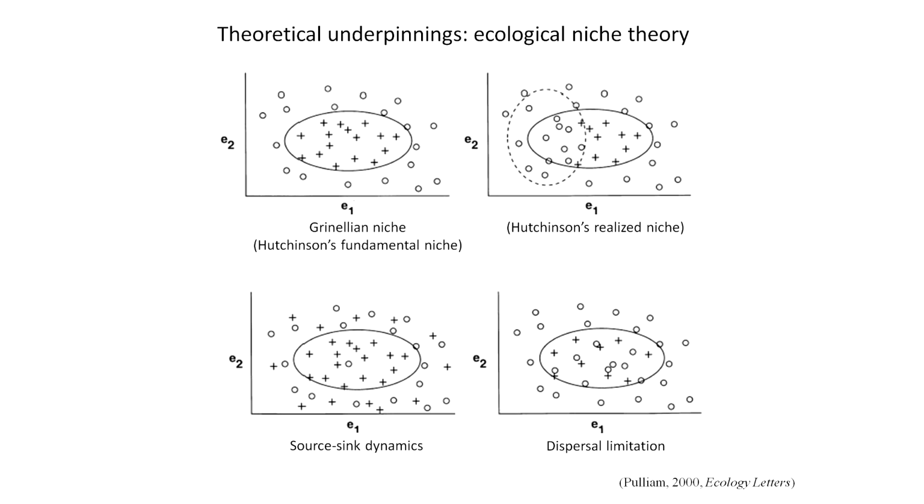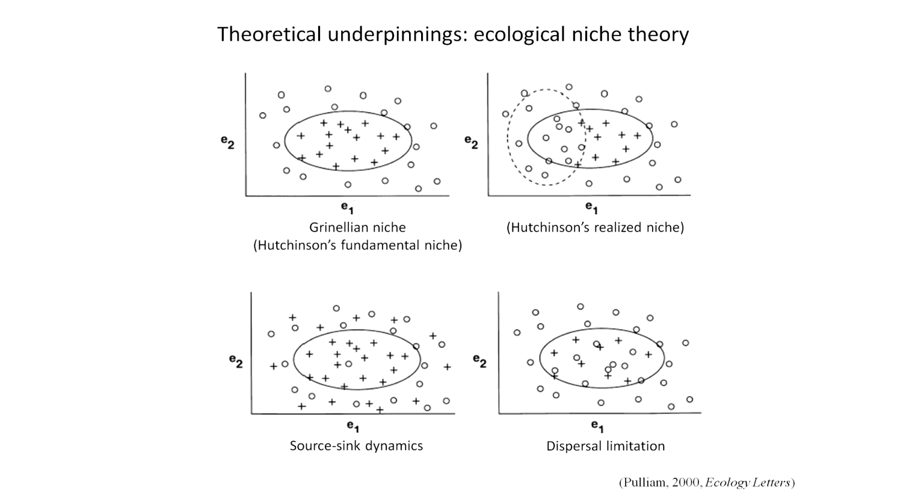A couple of complications on top of that. This idea of source-sink dynamics, which is to say that you're most likely going to find that some occurrence records might be found outside the fundamental niche of the species. Just bear this in mind.